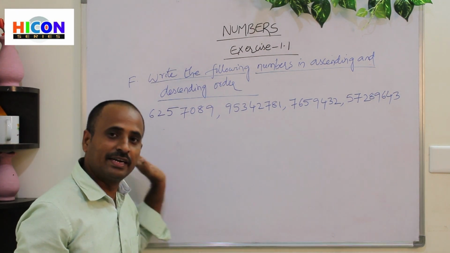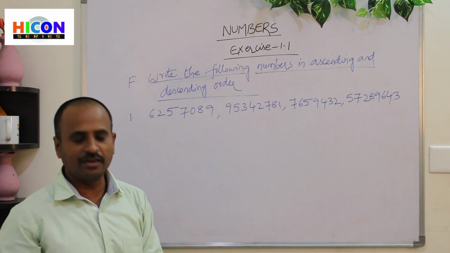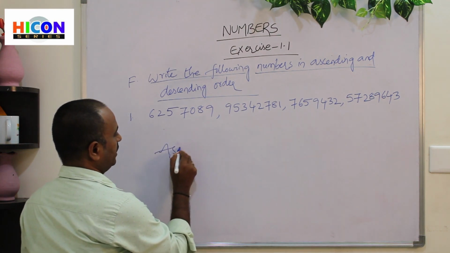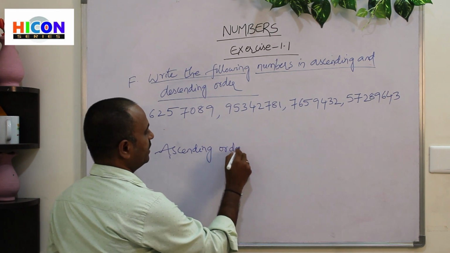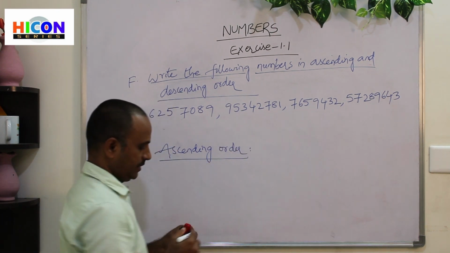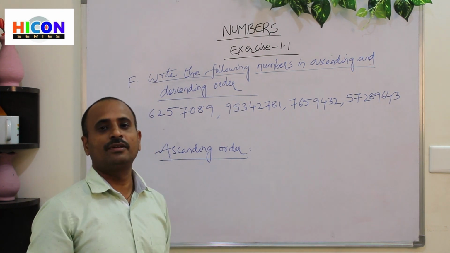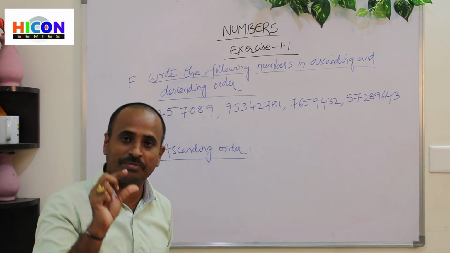Now we have to write ascending order and descending order for these numbers. So let us start with the ascending order. How to write ascending order? Ascending order means from smallest to greatest number. So that's why we have to start the ascending order with the smallest number first.